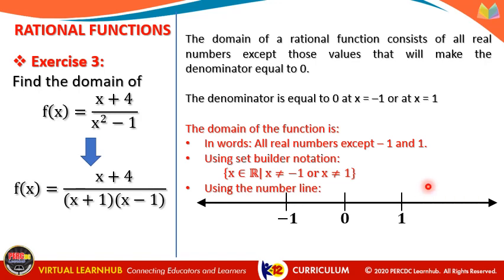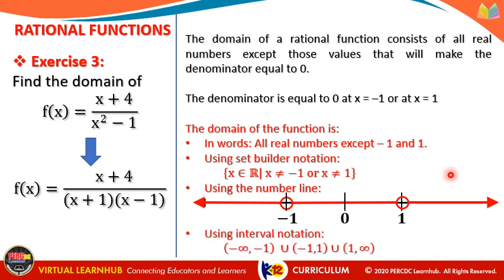Hindi kasama ang dalawang to, kaya maglalagay tayo ng hollow circle sa kanila. And then, i-shade na lang natin the rest of the number line. Yung papuntang negative infinity, yung gitna ng negative 1 at positive 1, and from 1 papuntang positive infinity. So this is our answer in terms of the number line.